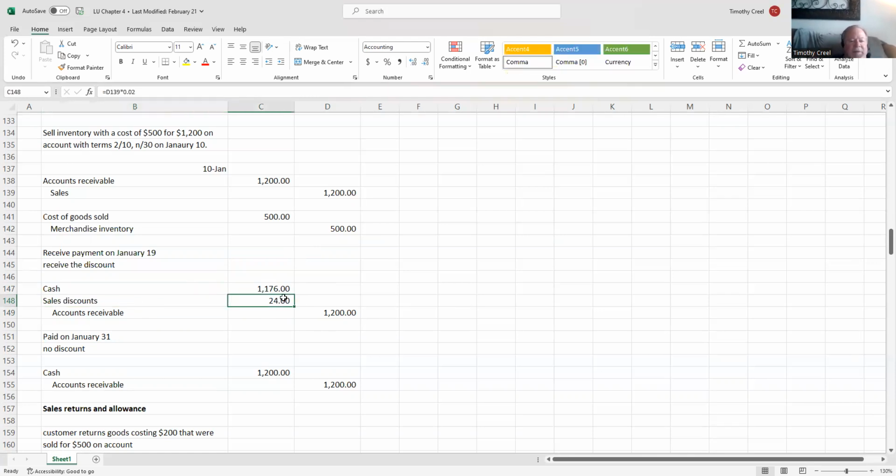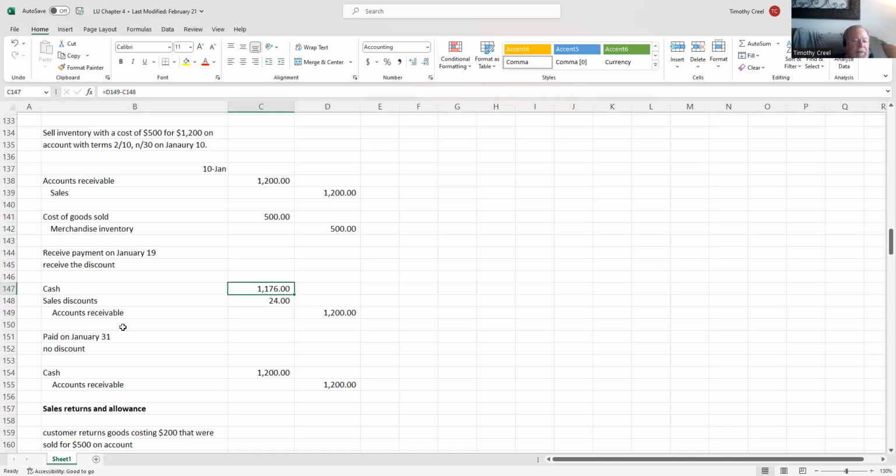I'll get to that in just a moment. And we would credit accounts receivable for the full amount the customer owes us, because in this case, the customer is paying in full and no longer owes us the money. So debit cash for what we receive, credit accounts receivable for what the customer owes us, and the discount is simply the difference, since what we're paid is the amount owed less the discount.